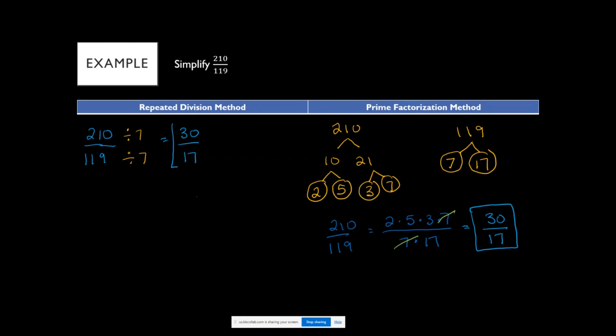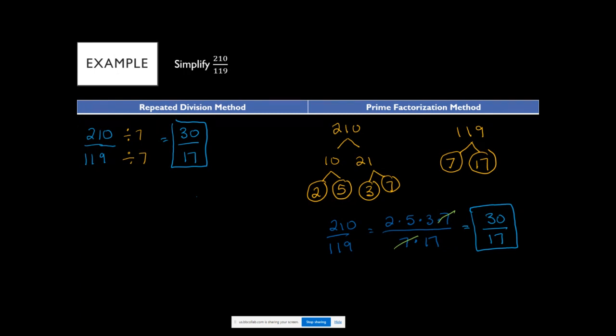So the repeated division does it in one step here, but you have to sit there on your calculator and figure out what numbers go into both 210 and 119, or on scratch paper trying to write this all out. And it's very time consuming.